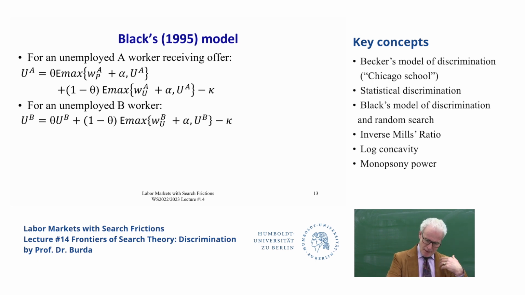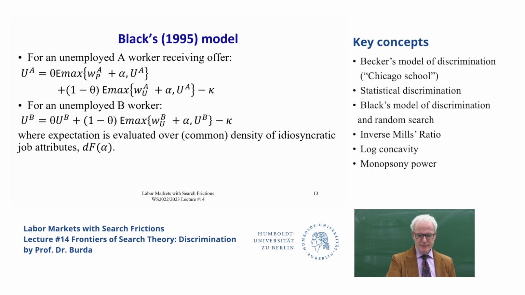Their utility on the job puts them over the hump, and they say, yeah, I'll take it, or not enough. It's a lousy job. The non-pecuniary aspects are enough to deter me, and I go back into unemployment. Okay. So everyone's got the same density of disutility or utility over this particular offer that they're getting at that particular point in time.